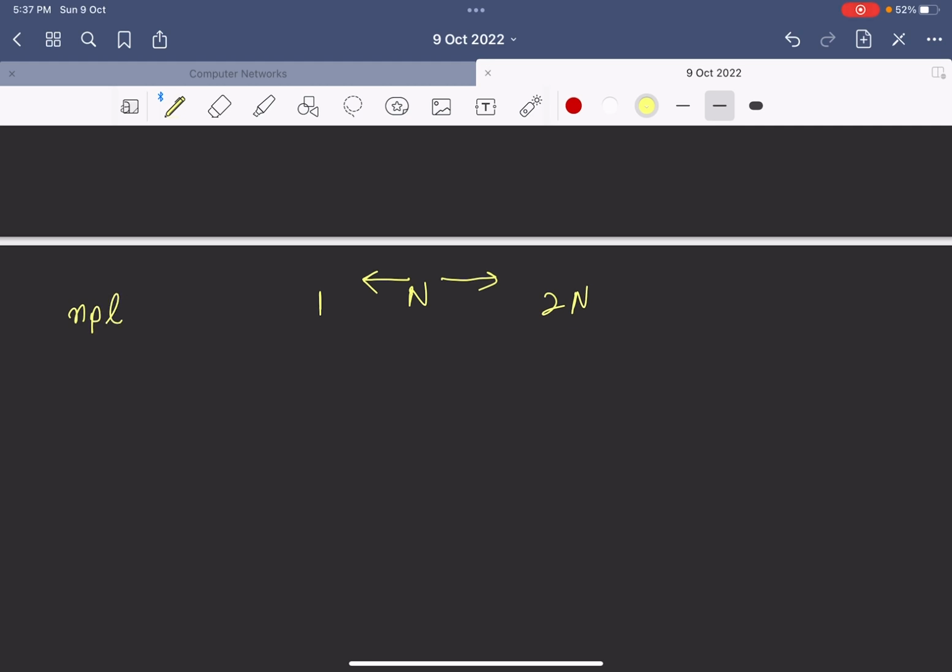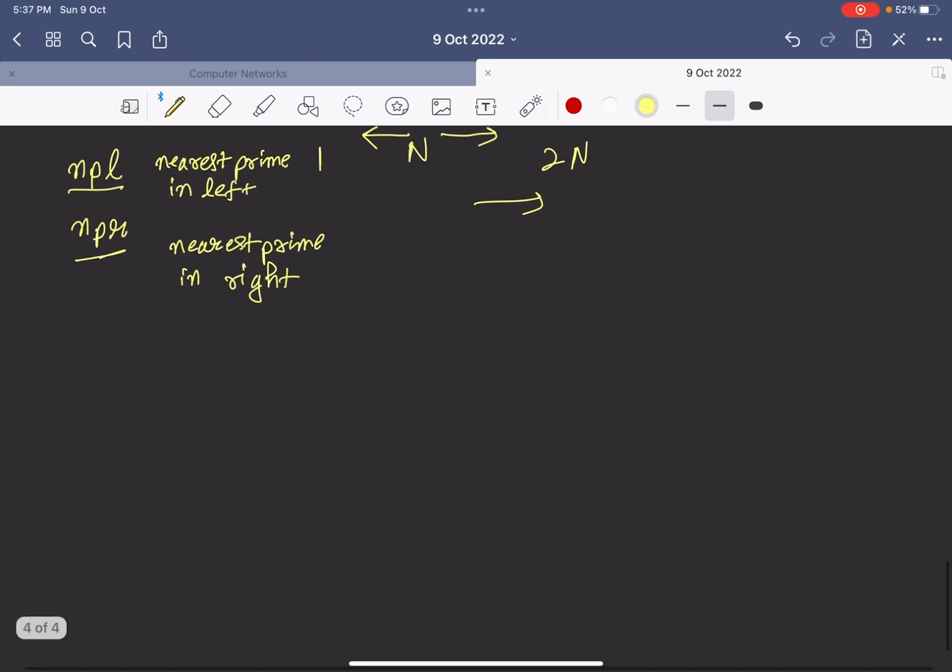And while traversing in the right direction, if I spot the first prime number, then I'll update that value in nearest prime in right. So what is NPL? It is nearest prime in left. And what is NPR? It is nearest prime in right.